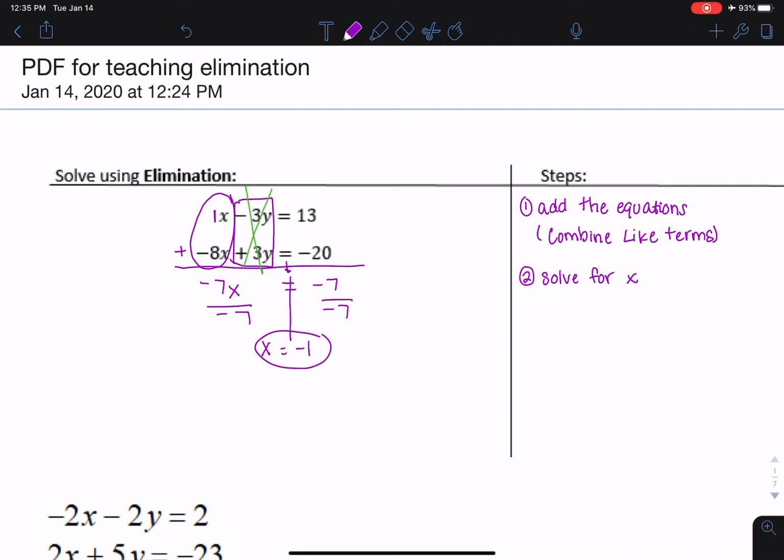Now that's half of the answer, because remember when we use systems, our solution or our answer is an ordered pair or a point on the graph, which means I need the x value and I also need a y value. So I found the x value, but now to solve for the y value, it's kind of like part 2, step 3, we're going to replace or substitute x with negative 1 in either original equation.